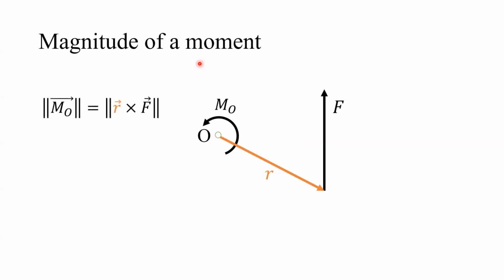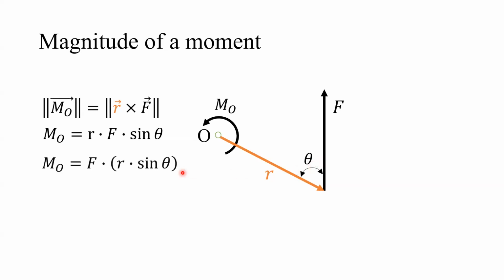To compute the magnitude of the moment, we need to know the formula of the magnitude of the cross product. That is equal to the magnitude of r times the magnitude of F times sine theta. Here theta is the angle between the r and F vectors. And also we can change the order of F and r.